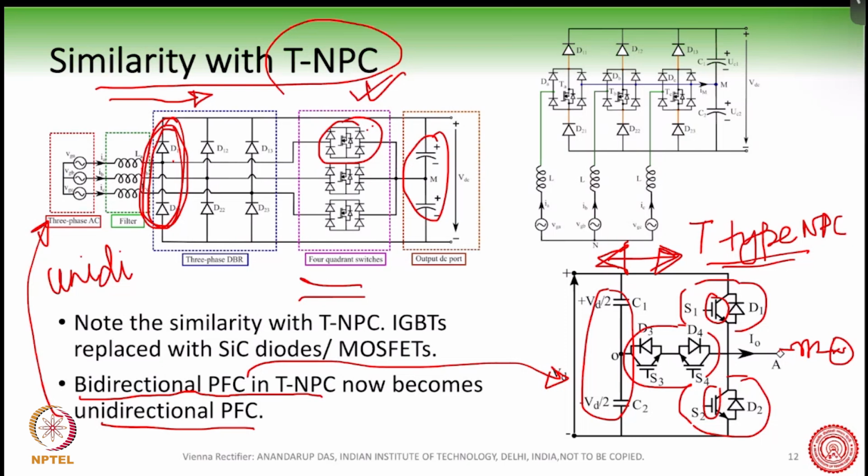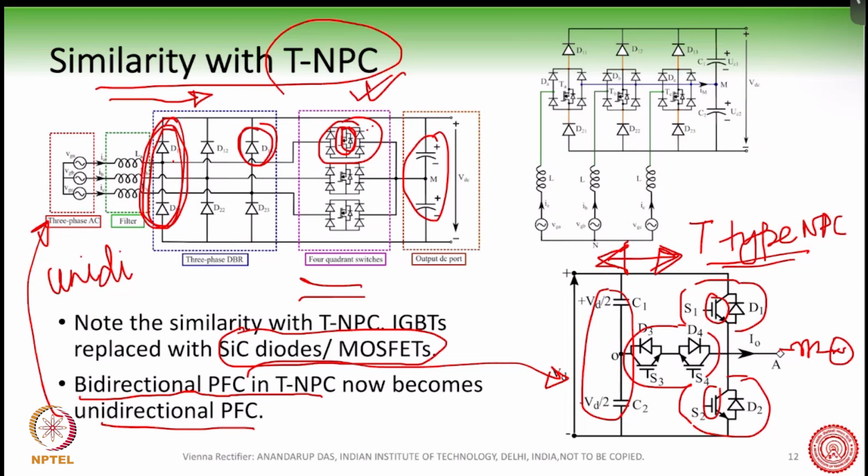And here, another thing that you can see is that IGBTs have been replaced with silicon carbide diodes and MOSFETs. So you can see that these are silicon carbide MOSFETs. Even these diodes are silicon carbide diodes, because they are continuously switching. We will show the analysis of the switching, but they are continuously switching.